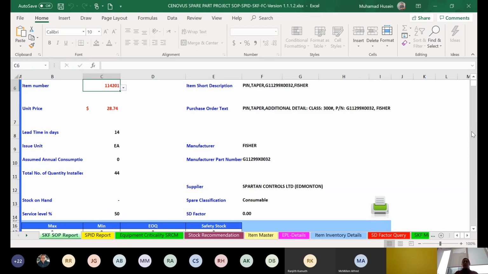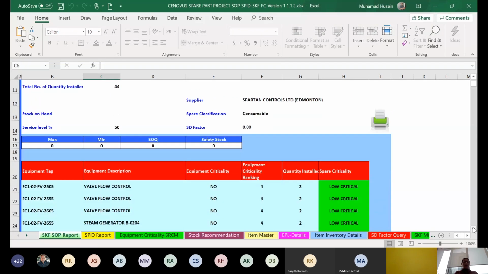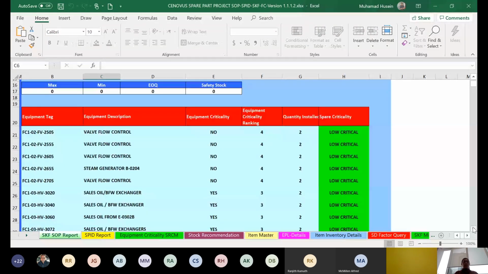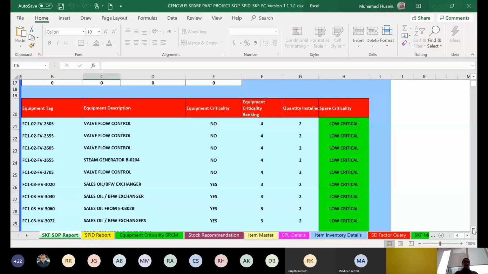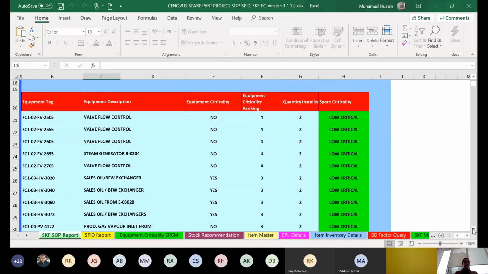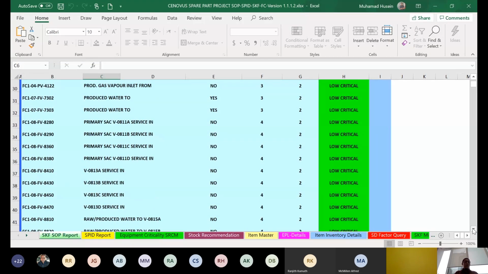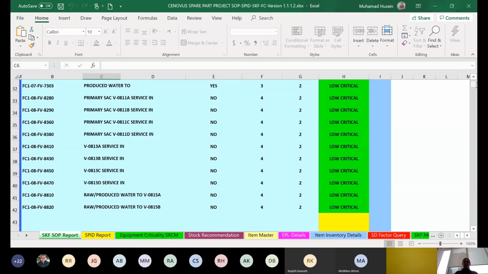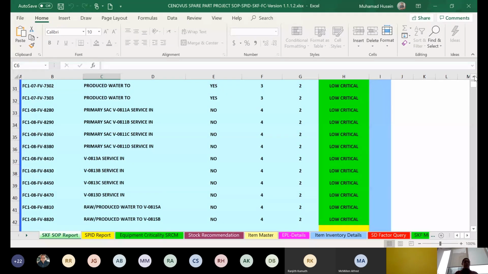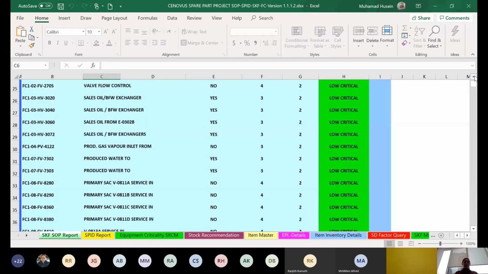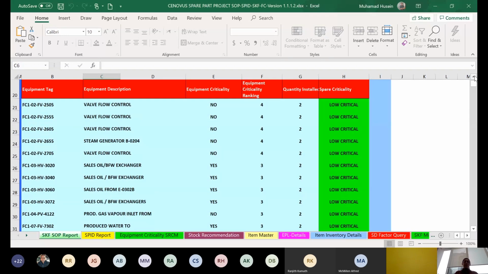So here I'll show you the number of equipment that use this item. It says 22, so there are 22 equipment that use this pin. Okay. So this is what we refer to as the standardization of the material.